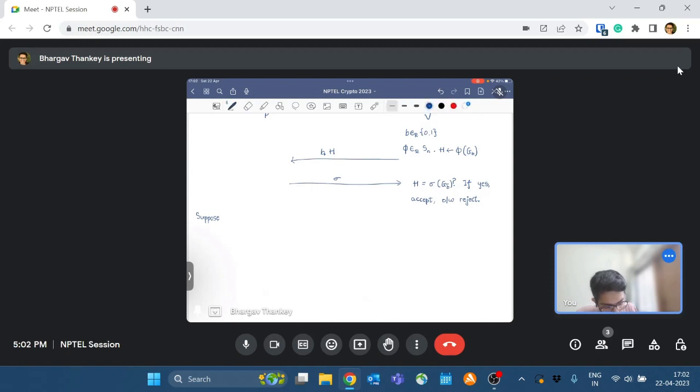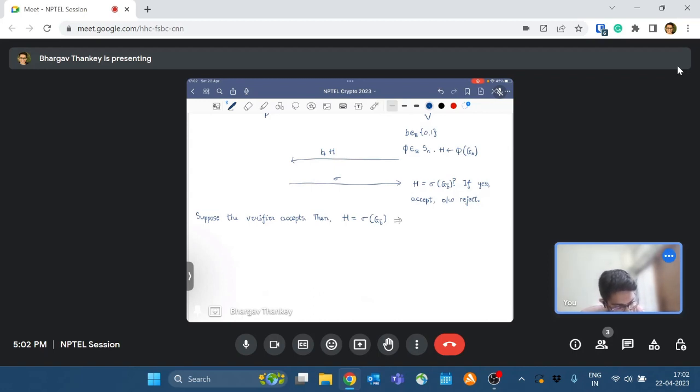Suppose the verifier accepts, then we have H is equal to sigma, but we also know that H is equal to phi GB, right?